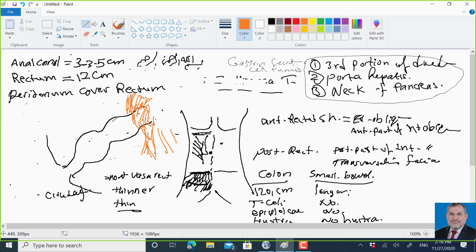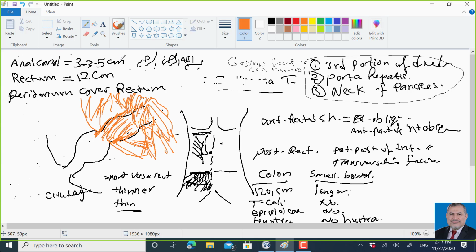Middle third is covered anteriorly only. The lower third has no peritoneal covering.